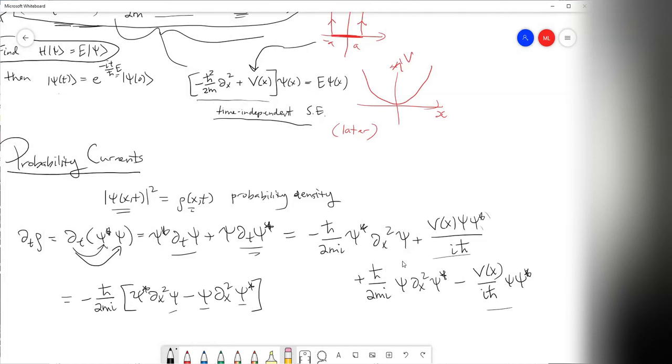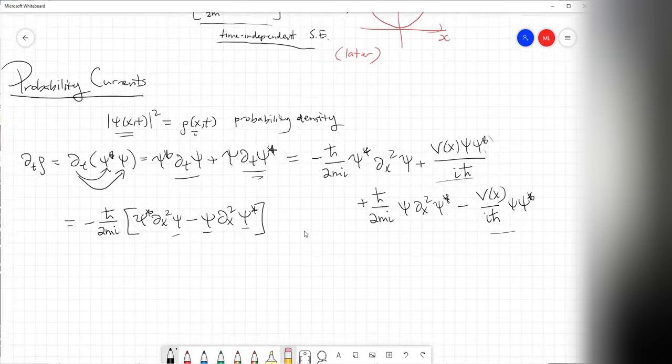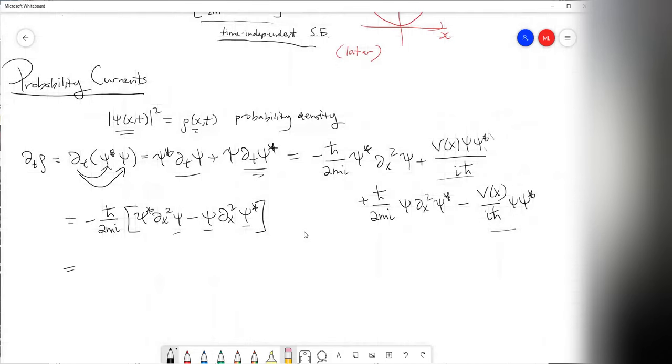So we can actually write this using the product rule again, except now with the x variable. You can write this as minus h bar over 2mi, and we can write it as the derivative with respect to x acting on an entire thing, psi star dx psi minus psi dx psi star. Why can we do that? We just think about what happens here.